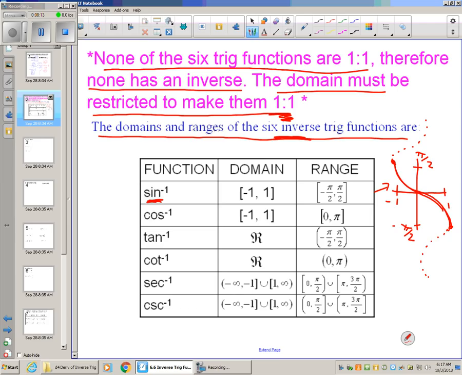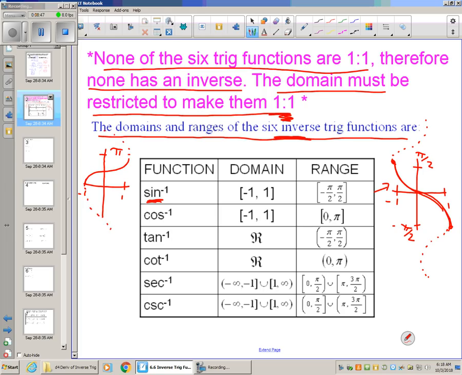It's the same thing for cosine and for tan. For cosine, for example, the domain is between negative 1 and 1 as well, but the range is restricted to 0 and pi. I'll try to draw that out over here to the left. It goes from 0 to pi, and that graph looks somewhat like this.